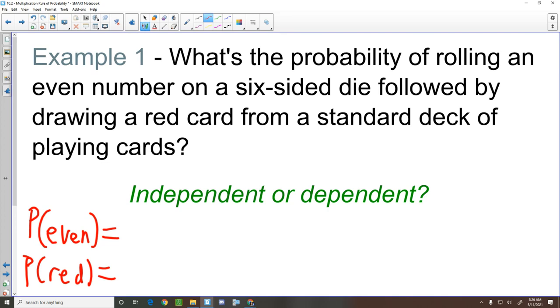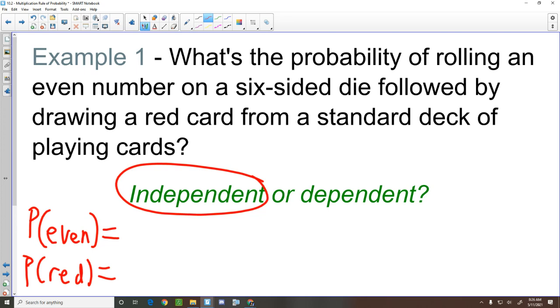First off, are these events independent from each other, or are they dependent? Does the outcome of one depend on the other, or are they totally separate, unrelated to one another? They're separate, right? So is that independent or dependent? Independent, good. These are independent events. The result of one of those events occurring does not affect the result of the second thing occurring.